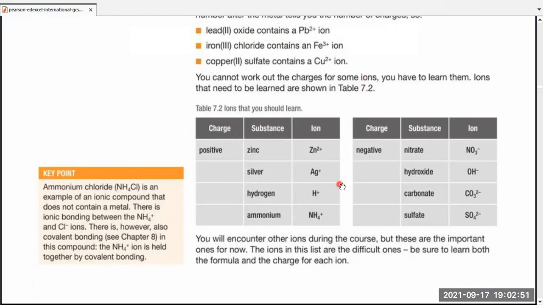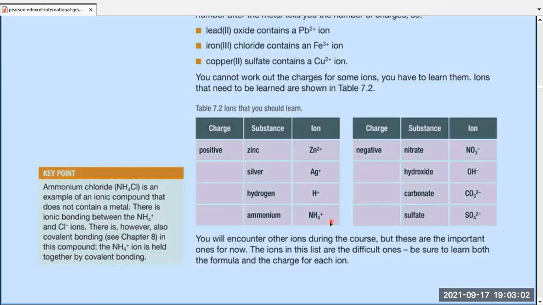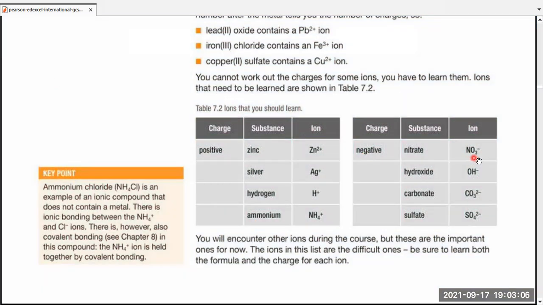Ions that you should learn, because you cannot always work them out. Zinc, Zn²⁺; silver, Ag⁺; hydrogen, H⁺; ammonium, NH₄⁺. Negative ions: nitrate, NO₃⁻; hydroxide, OH⁻; carbonate, CO₃²⁻; and sulfate, SO₄²⁻. Might I add a couple of ions to this list?